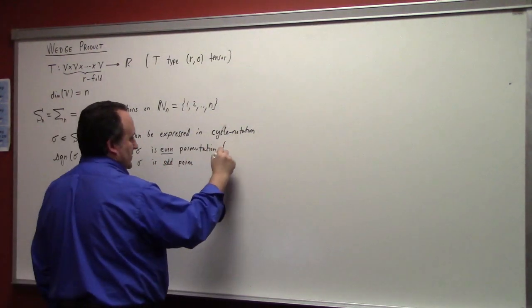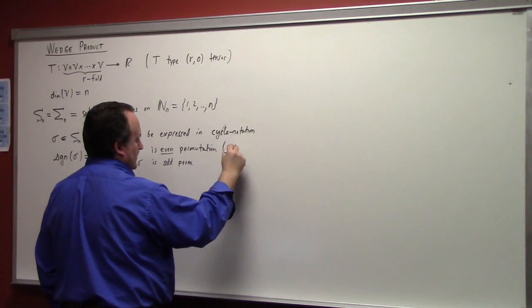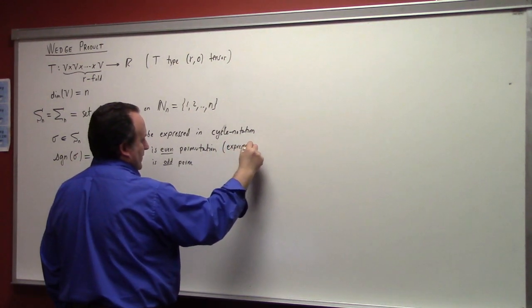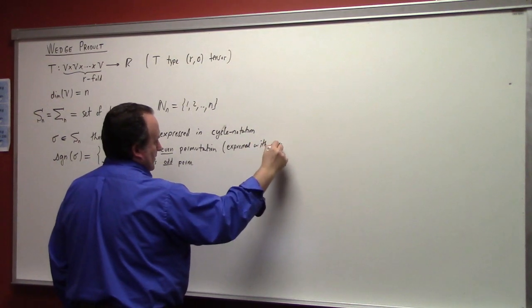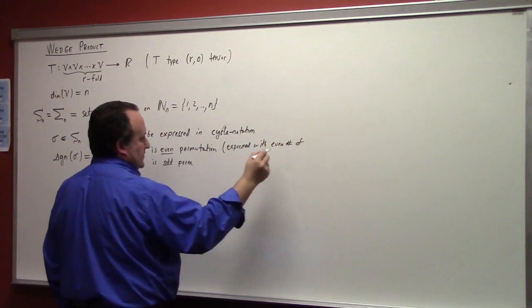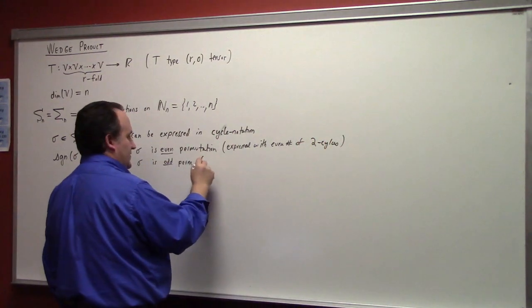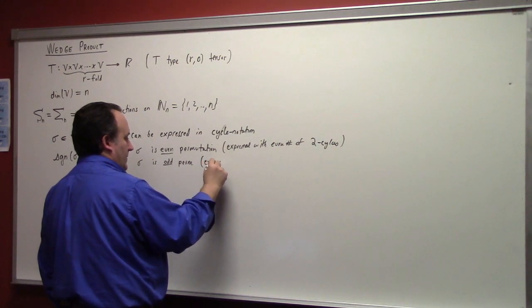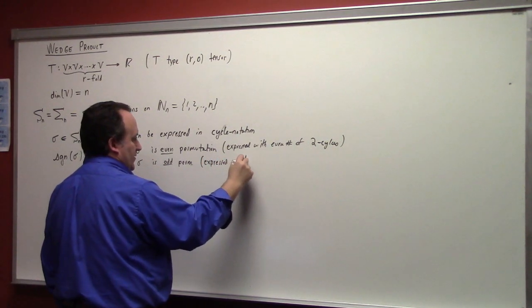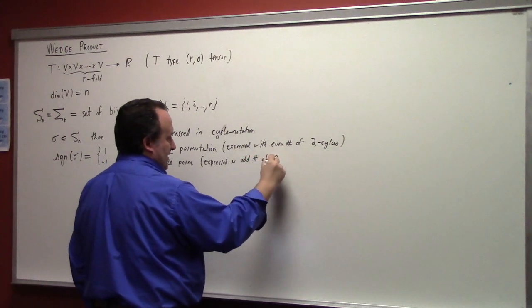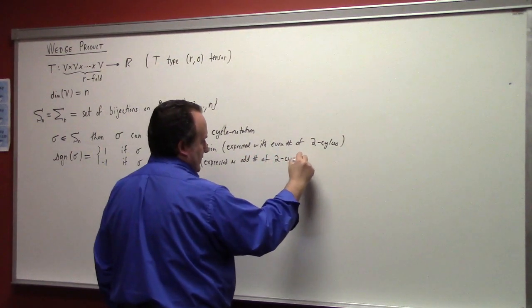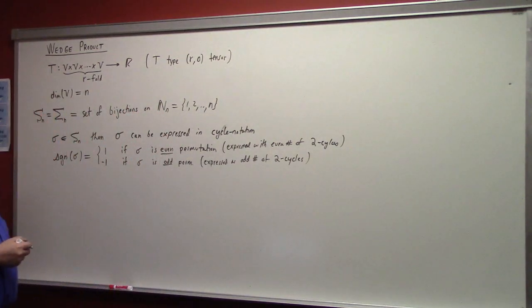And so even means expressed with an even number of 2 cycles, and odd means it can be expressed as an odd number of 2 cycles. And again, this is unambiguous because the number of 2 cycles that form a permutation is an invariant up to a multiple of 2.